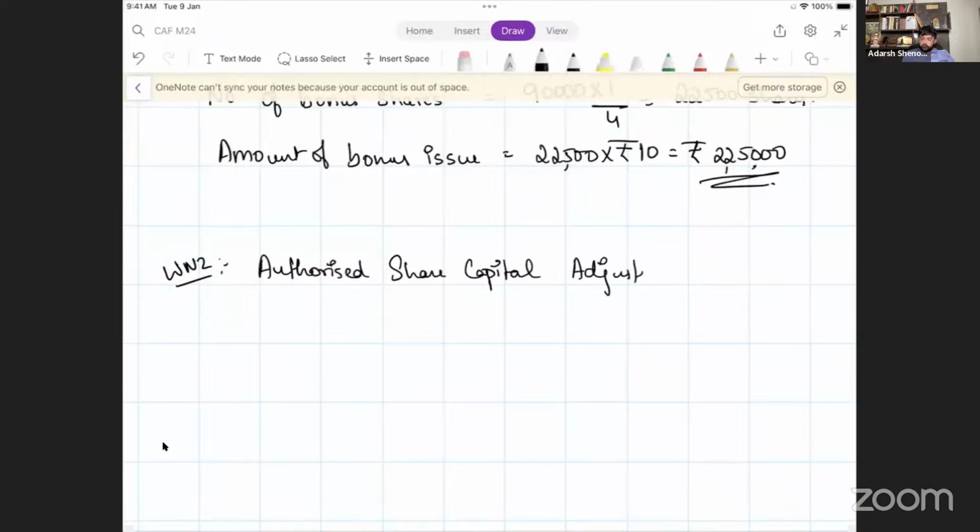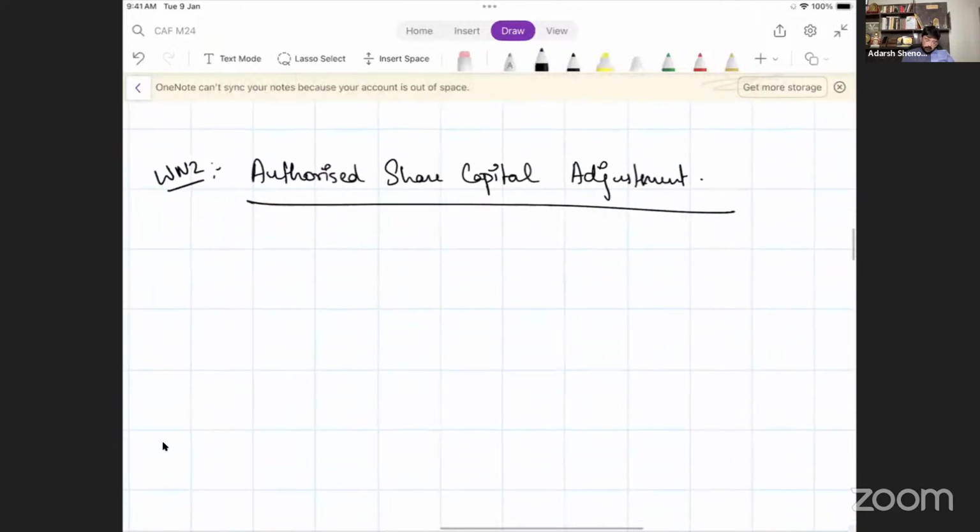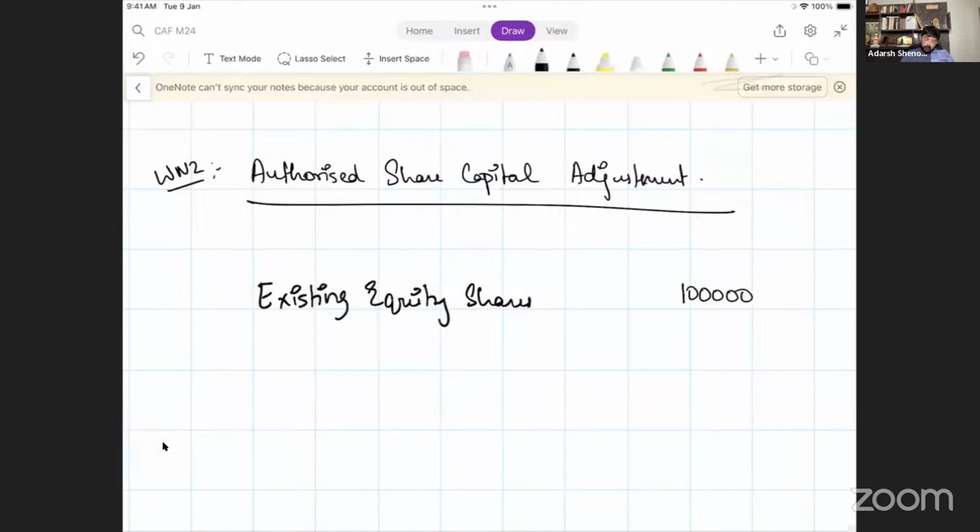We'll have to adjust the authorized share capital. How many equity shares are there? Existing equity shares issued: 90,000.